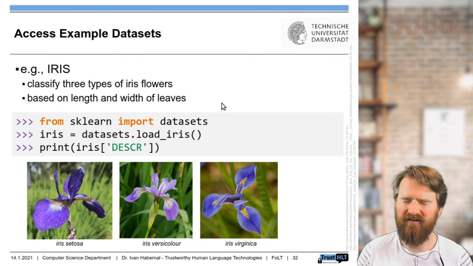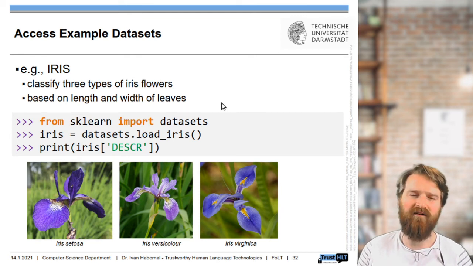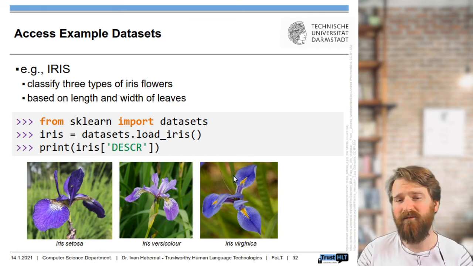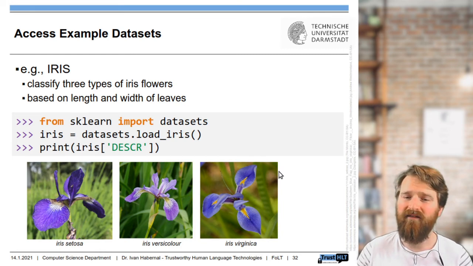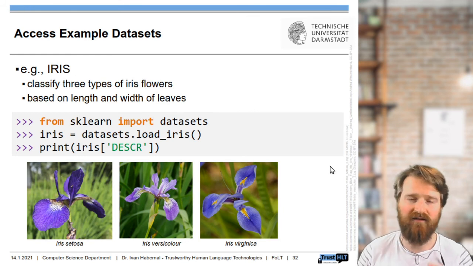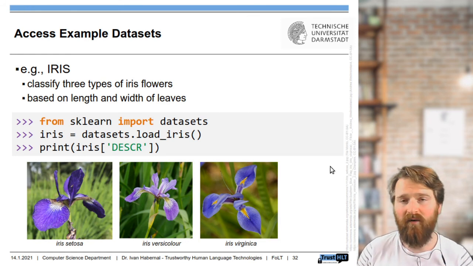I guess this data set is coming from the early 20th century. And this is not image classification as you would expect, but the plants, the flowers, are described as a set of features. It is a very small data set, but a good one to demonstrate a couple of things.